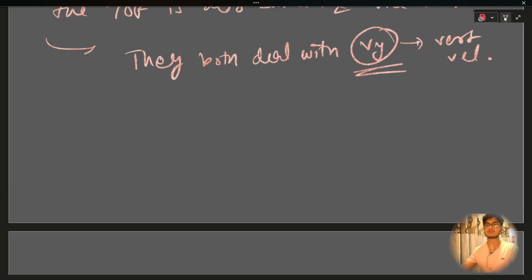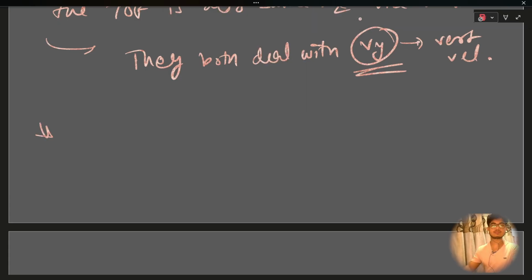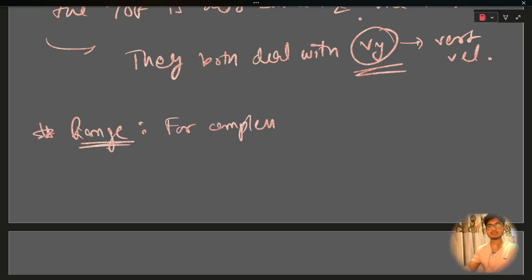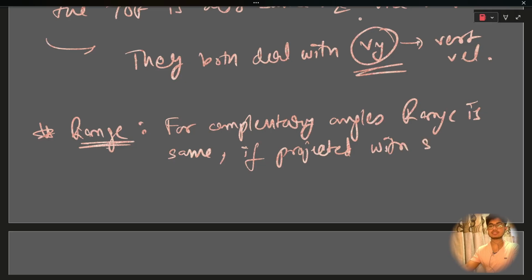Now we come to the range. There's this one point we have to mention for range. That is, for complementary angles, range is the same if projected with the same velocity.